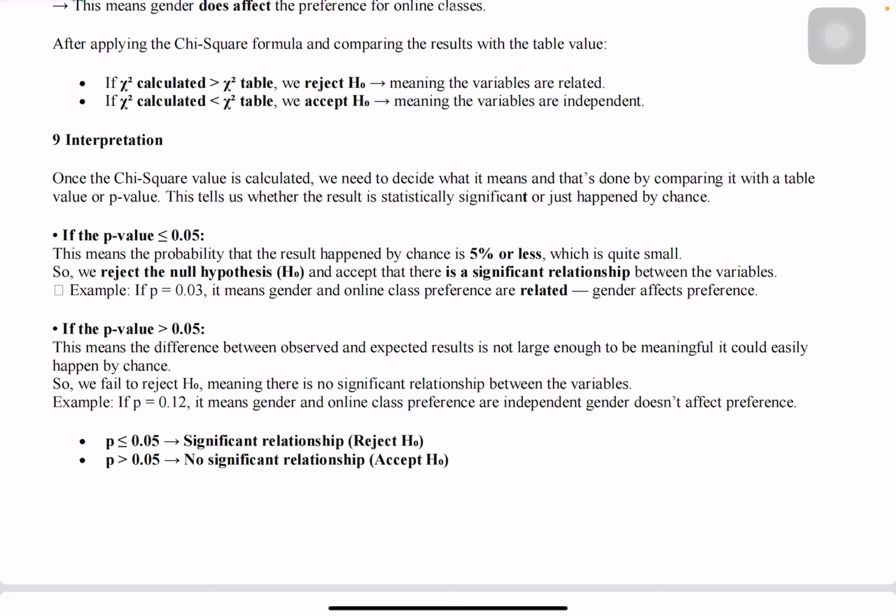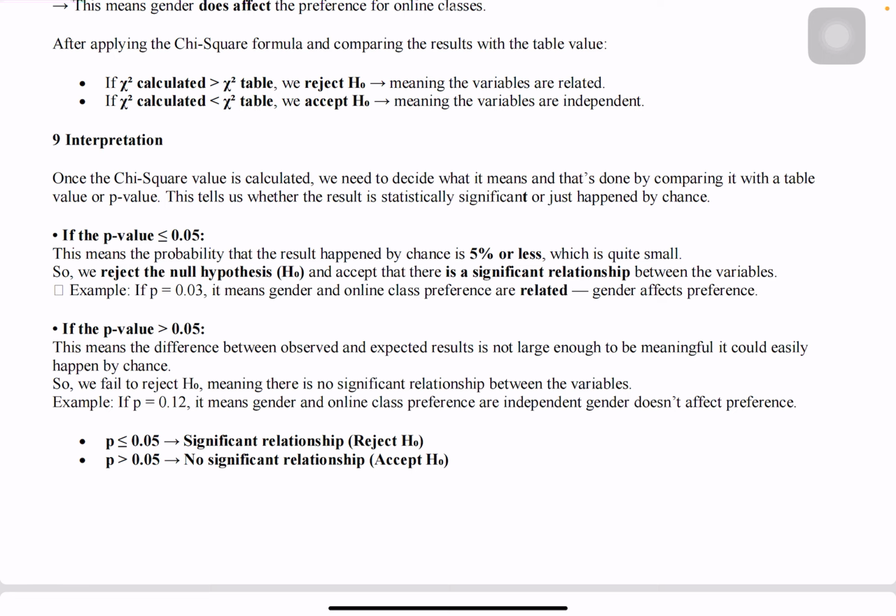It could easily happen by chance, so we fail to reject H0, meaning there is no significant relationship between the variables. Example, if p is equal to 0.12, it means gender and online class preference are independent. Gender does not affect preference.